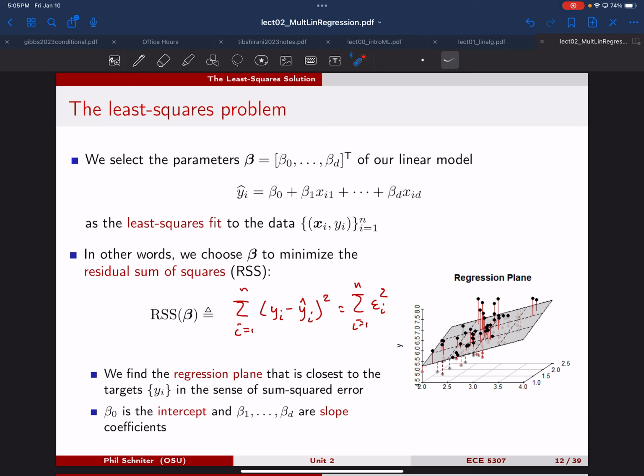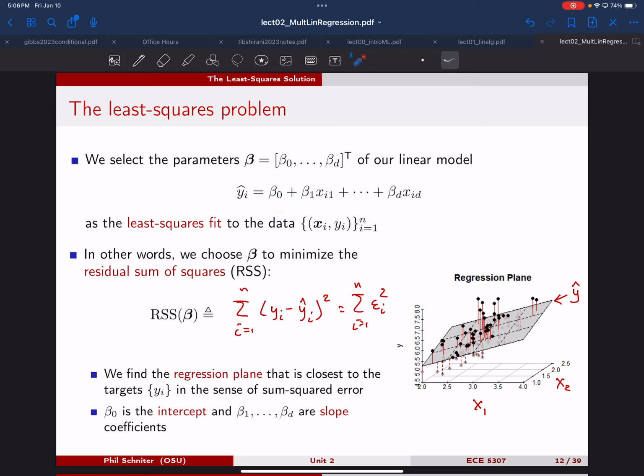And the way to visualize what we're doing is through this regression plane. So what I'm plotting here is I have a feature x1 along one coordinate axis, x2 along the other. And this plane, this is my y hat as a function of x1 and x2. And so you can see, okay, if I set x1 and x2 to 0, then what happens with my y hat, if all my x's are 0, y hat is beta 0, right?